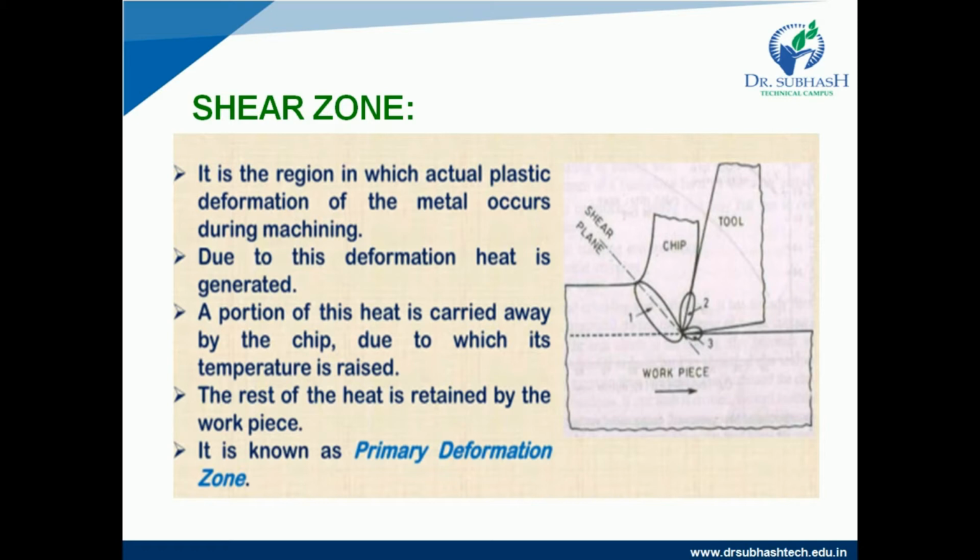So due to the shear deformation, heat is generated. As we discussed, लोहे से लोहा टकराए, so it is very easy to understand. Heat will be generated during machining. A portion of this heat is carried away by the chip, due to which its temperature is raised.